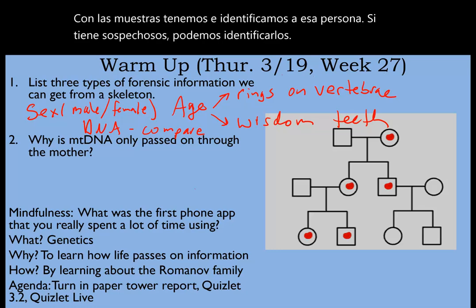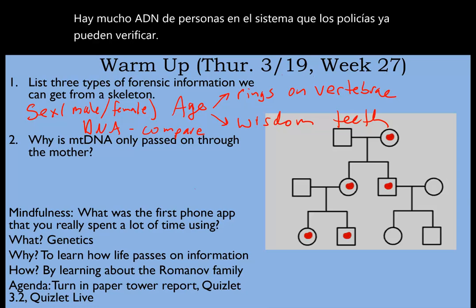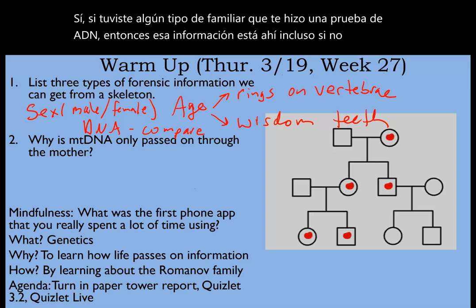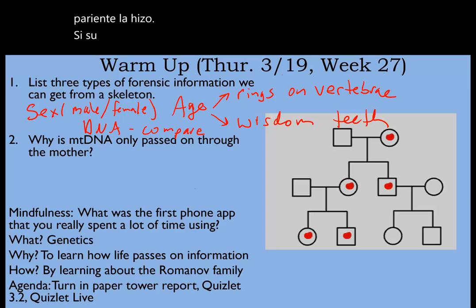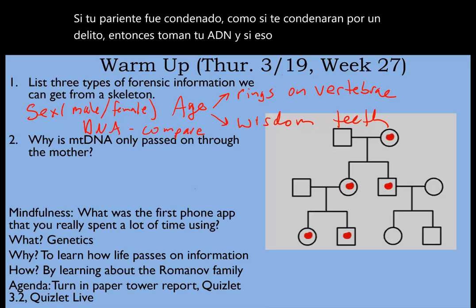Are a lot of people's DNA in the system that cops can already check? Yeah. If you had any kind of relative do a DNA test, then that information is there. Even if you didn't do it, if your relative did it, or if your relative was convicted, like if they convict you of a crime, then they take your DNA. And if that was a relative, it's going to be similar to you.